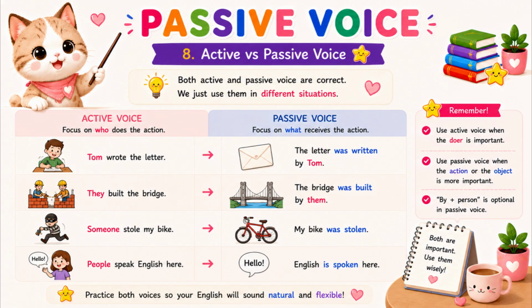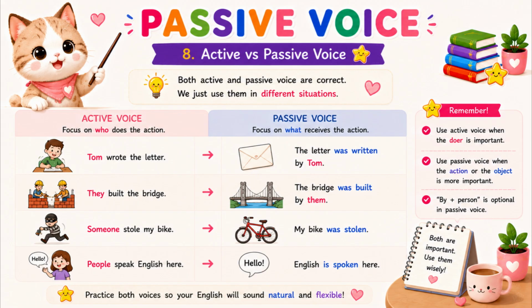My bike was stolen. In this sentence, we don't need to say who stole the bike. The action is more important. Example 4. Active voice. People speak English here. Passive voice. English is spoken here. The passive voice emphasizes the language, not the people who speak it.